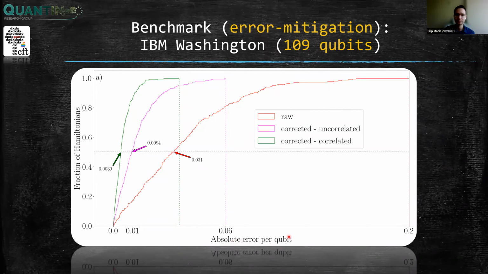So we divide it by the number of qubits to have a somewhat system-size independent figure of merit. So this is just the difference between the error mitigated value and the ideal value of energy. So what you have in experiment and what you should have.